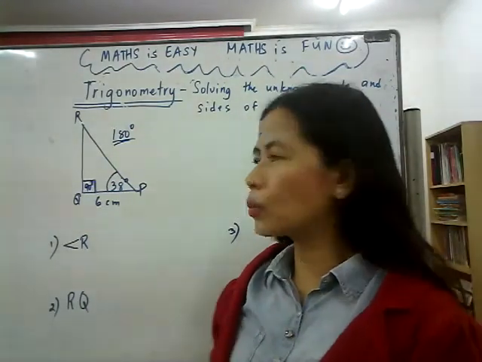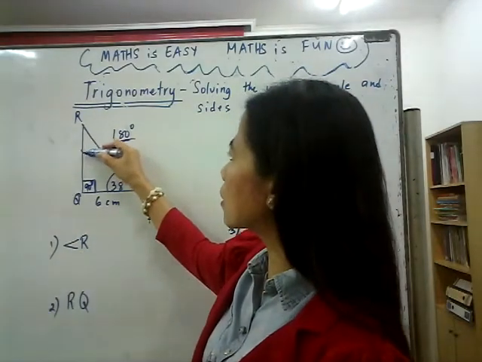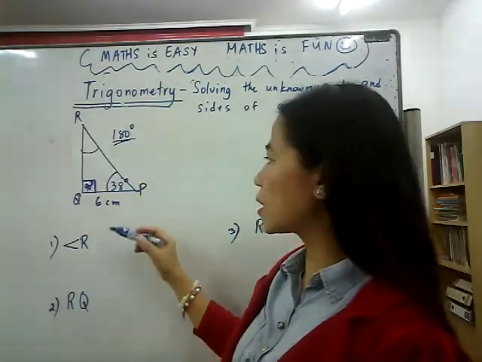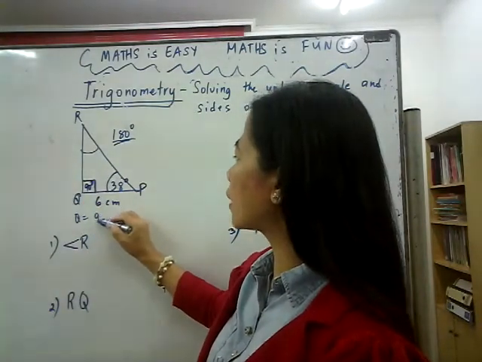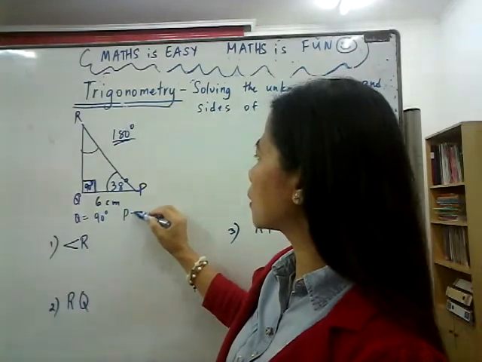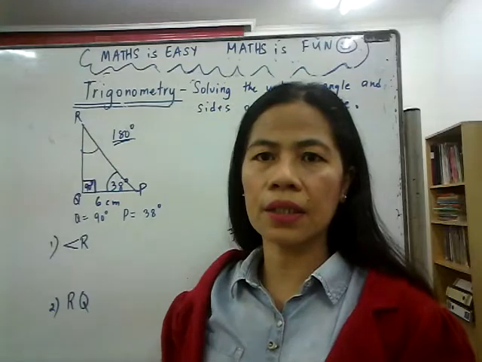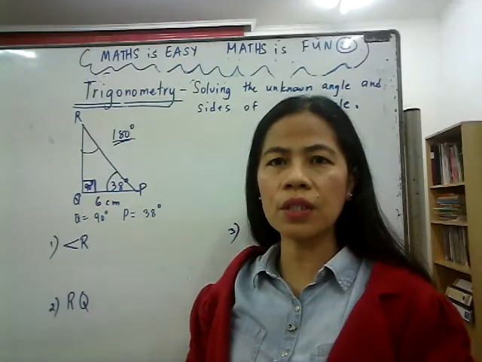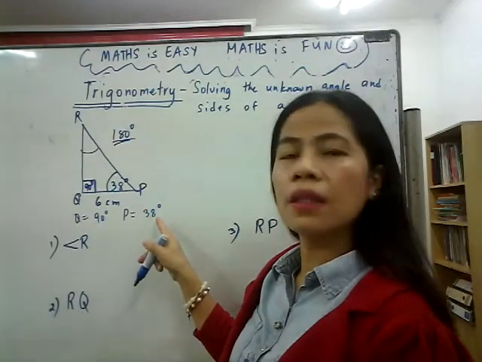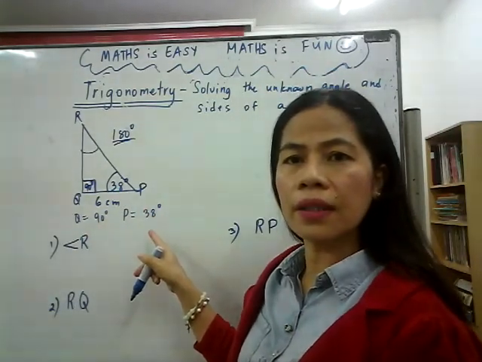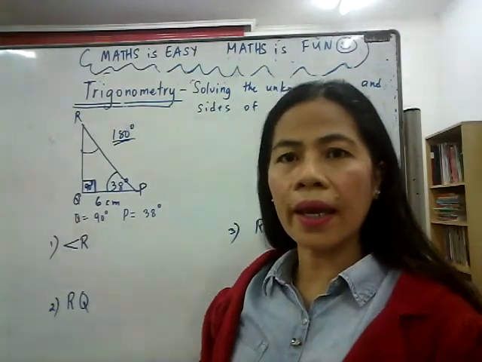So what are we going to do to find the unknown angle R, which is this one? Because it is given that angle Q is equal to 90 degrees and angle P is equal to 38 degrees. So what we're going to do is we just subtract 90 degrees and the given angle 38 degrees from 180, so that our total of the triangle will be 180.